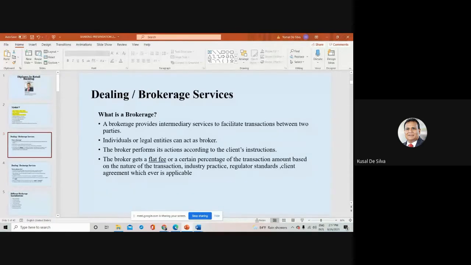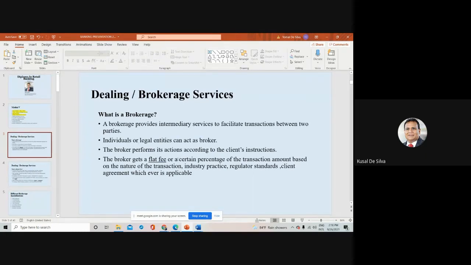There are standard brokerage fees stipulated by the regulator. If you take the share market, this is the rate, the maximum rate that has been stipulated. So you can't make a different agreement to charge more than that. Sometimes it may be less, but not more than that.